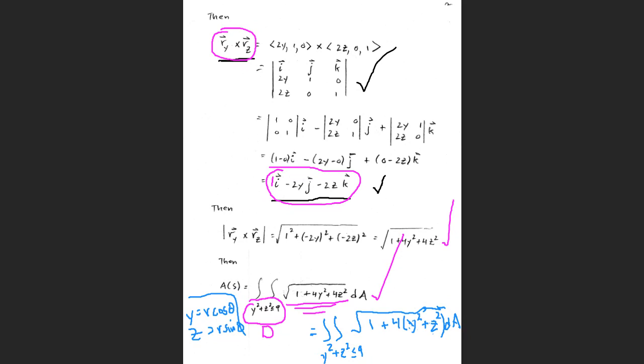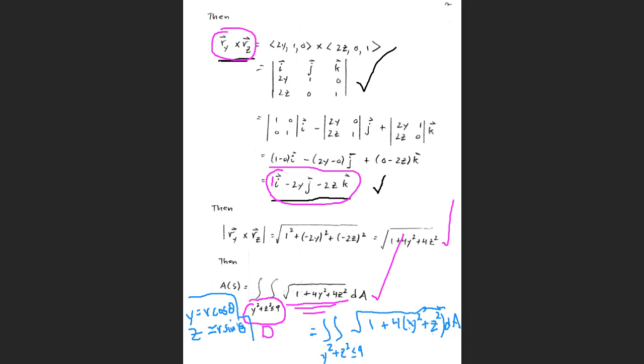So you're used to x equals r cosine theta, y equals r sine theta. But our parameters aren't x and y here. Our parameters are y and z. So if we're going to switch to new parameters, r and theta, which would be parameters for polar coordinates, we define y and z like this.